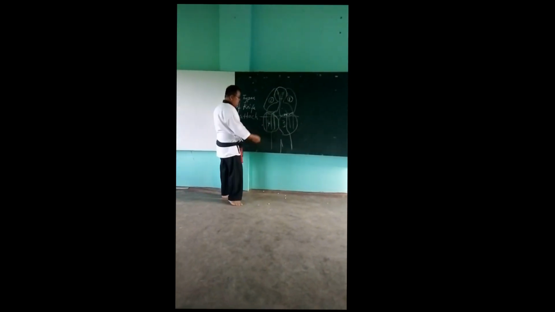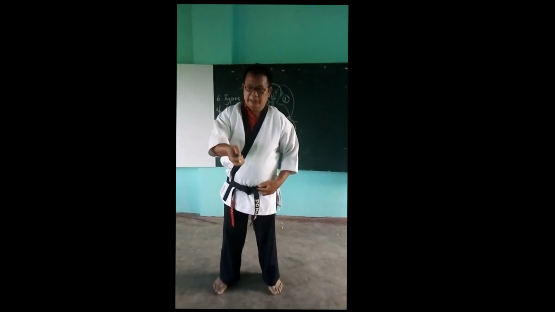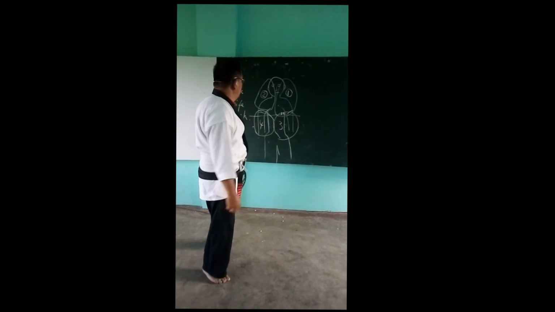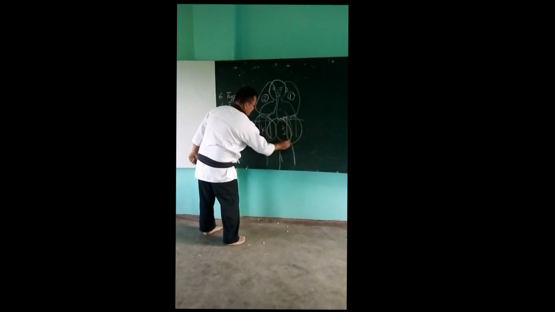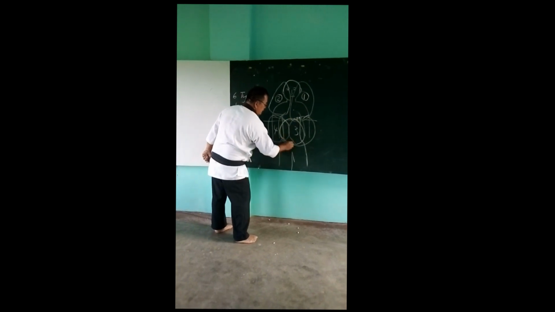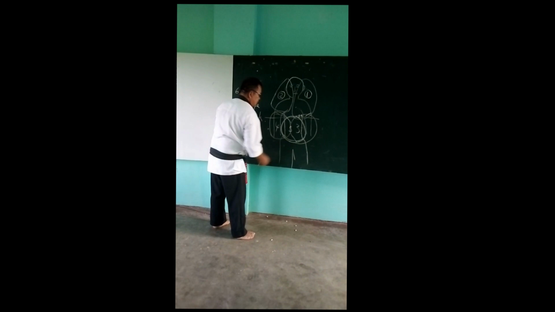Then number 5. Number 5 is here, this side of the body, here in the center.